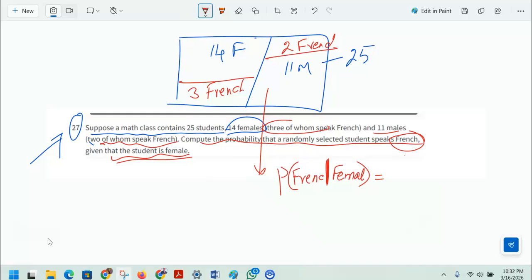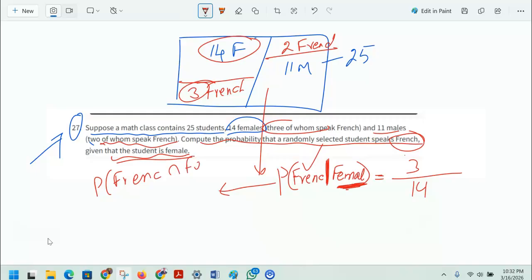We can do it directly using reduced sample space: because you are told it is female, there are 14 females, and from 14, how many are French? Three. So it's done.